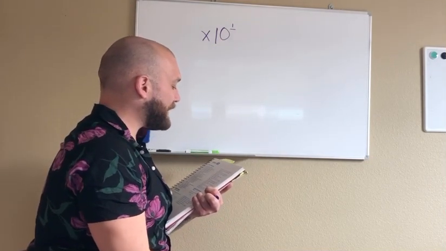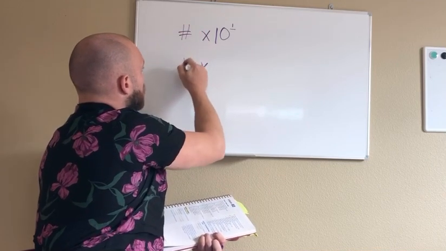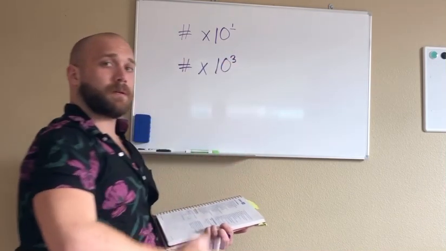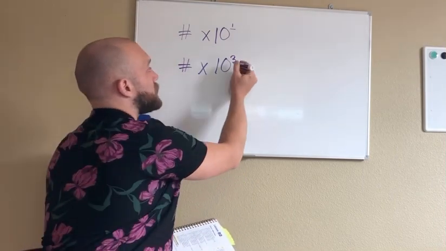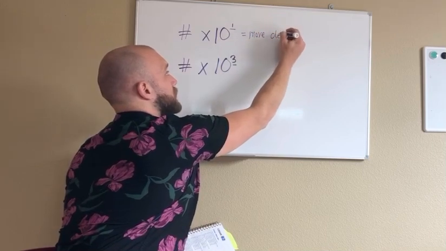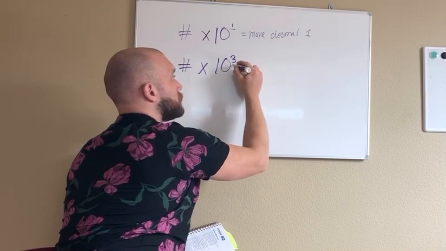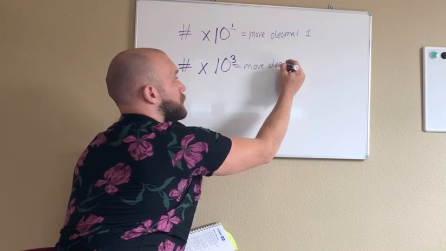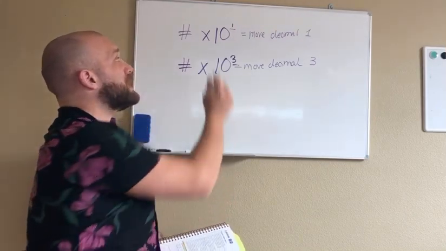If you multiply by 10 to the third, so any number with a decimal times 10 to the third, that means you're going to be moving the decimal 3 places because there's a 3. Move decimal 1. Move decimal 3. Because of the exponent.